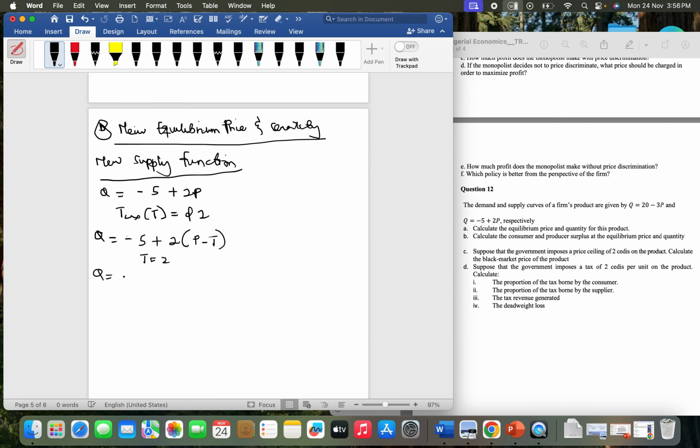So Q is equal to minus 5 plus 2 times (P minus 2). We expand it: Q is equal to minus 5 plus 2P minus 4. So Q is equal to 2P minus 9. This becomes our new supply function as a result of tax.